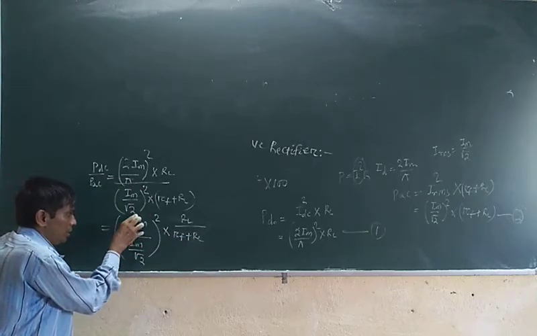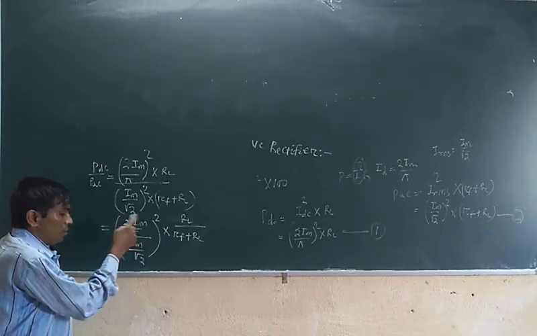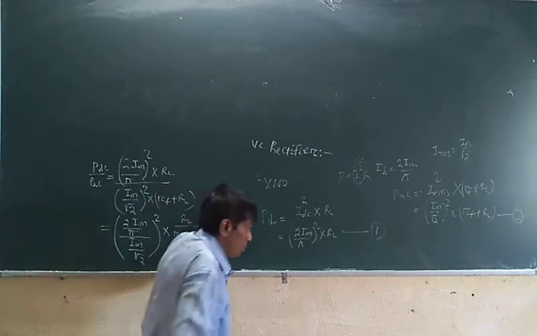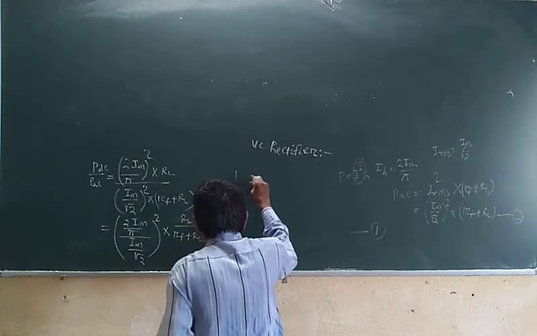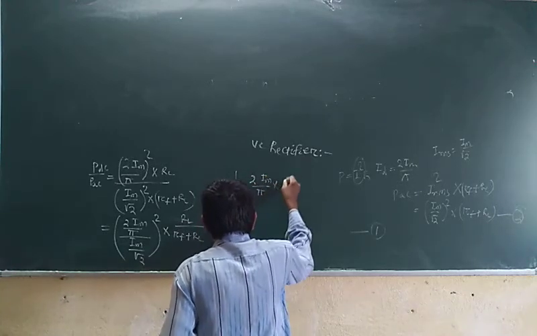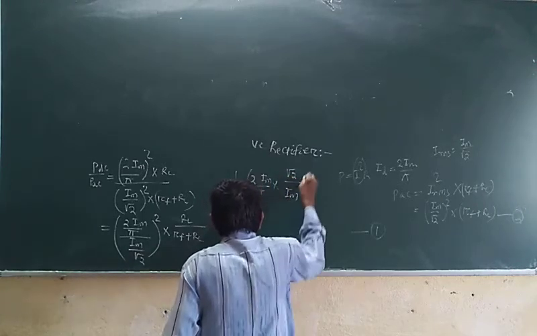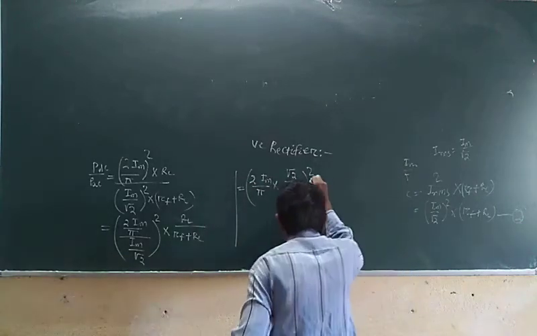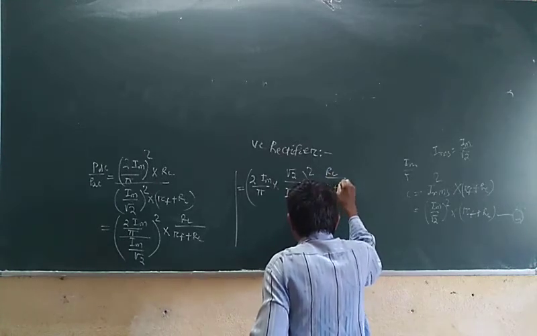Now this is a fraction and this is a fraction, so it is simplified by multiplying in the opposite order. So this is also (2Im by pi into root 2 by Im) whole square into RL divided by (RF plus RL).